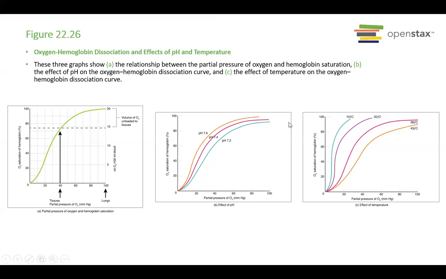So when things get worse, do we shift right or left? We shift right. And when things improve, do you see here the temperature? 10, 20, 30, 40. What's hot? What's worse? Moving this way. So 40 is really hot. So you see the hemoglobin curve is going to shift to the right, meaning that hemoglobin is now going to give even more oxygen than it would when the temperature was 10 or 20 or 38.